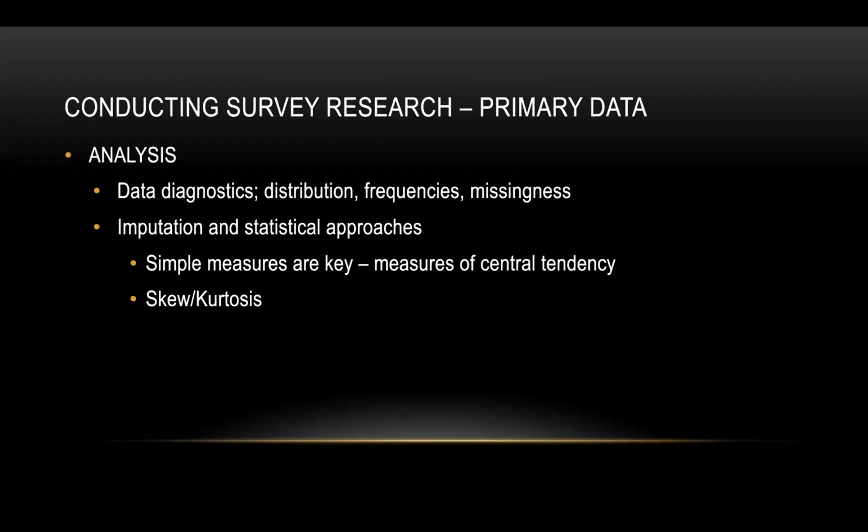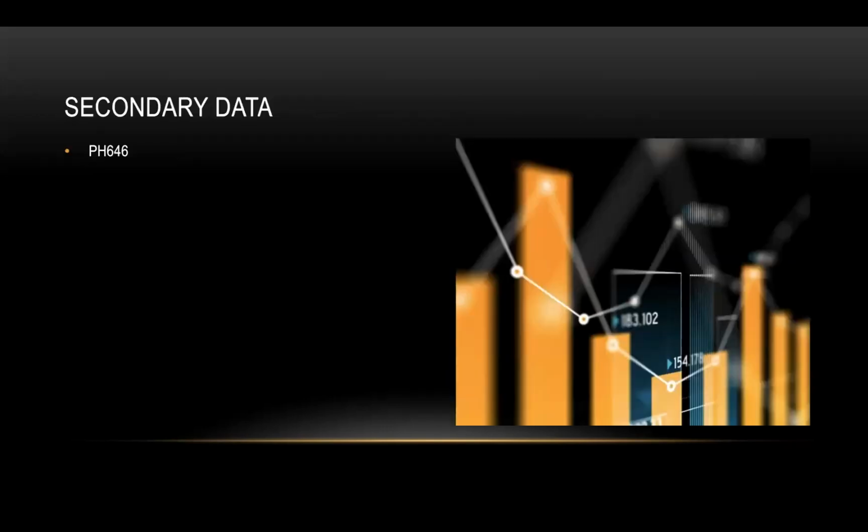And this, of course, is nothing without your code book, right? So if you guys remember from previous lab, we have our code books, which we'll talk about in more detail as well. But it does lead us into the benefits of secondary data, right? So survey data that already existed before you came along is considered secondary data.